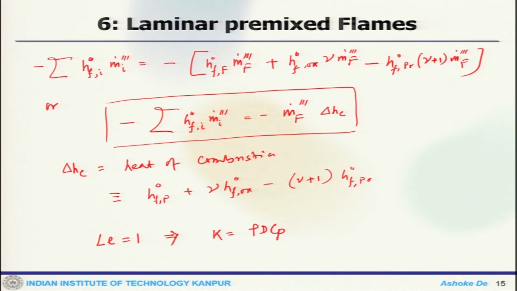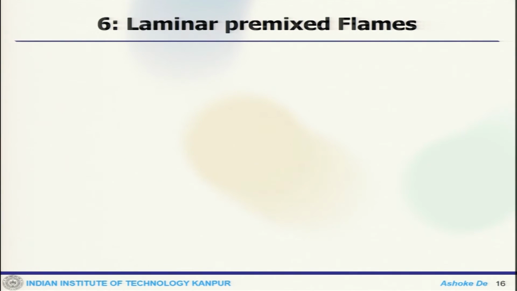So, using that we can rewrite this equation 6.7a, and what one can write now is m dot dT/dx minus 1 by Cp d/dx of kappa dT/dx equals minus m dot triple dot f delta Hc by Cp.